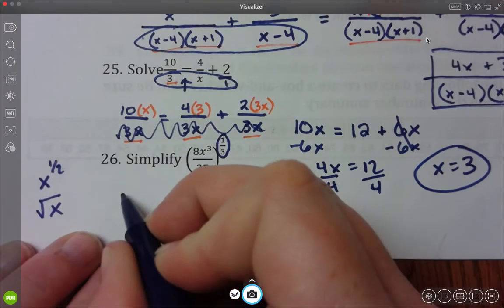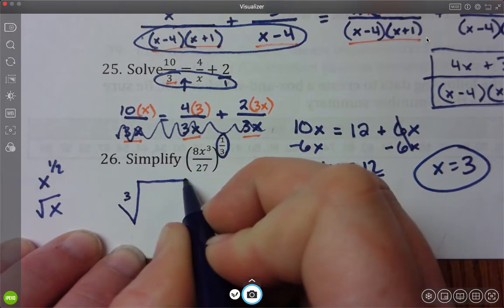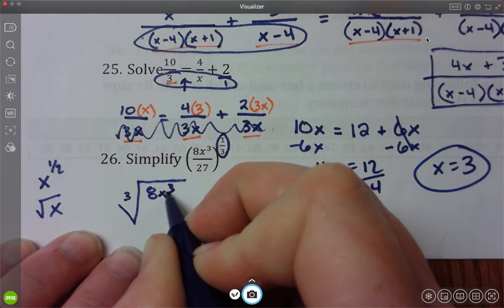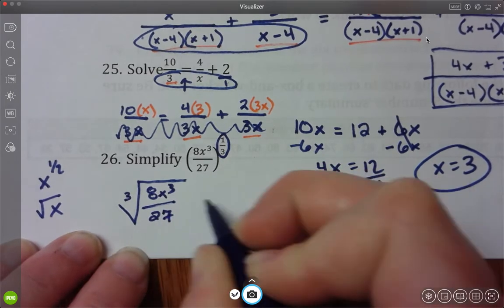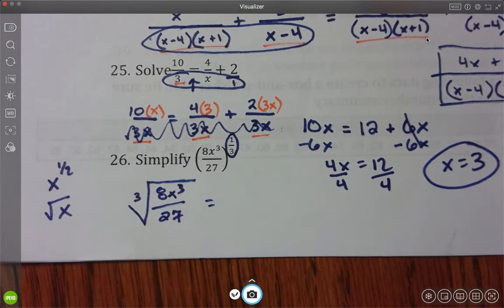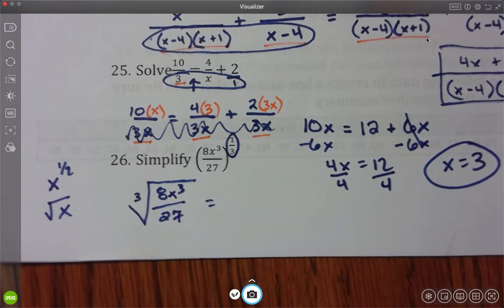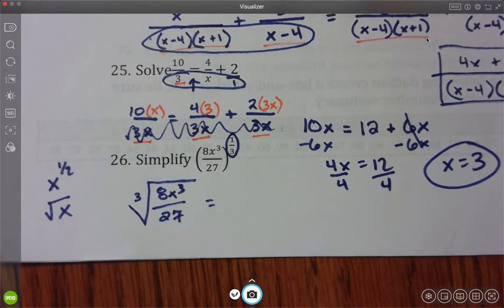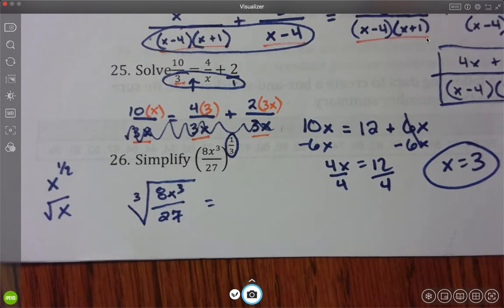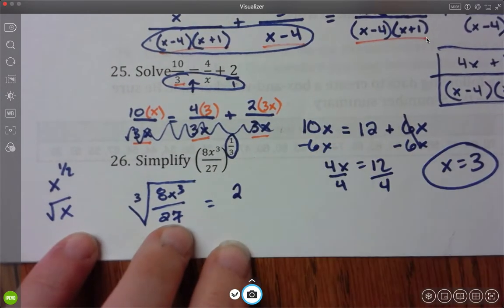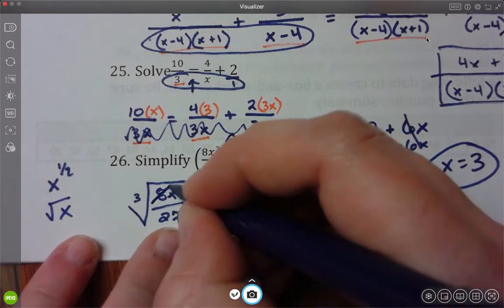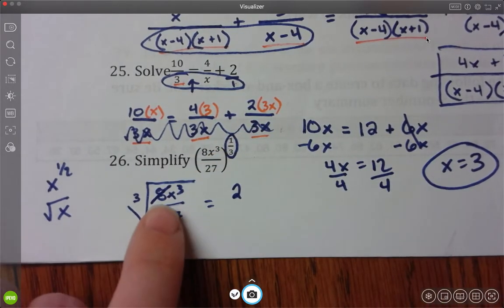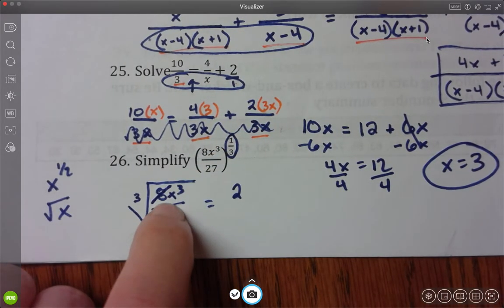So I have the cubic root of 8x to the third over 27, okay? And this is actually a really nice problem because all of these come out really nicely, okay? The cubic root of 8 means what can I take times itself 3 times to get 8? Well, 2 times 2 times 2 will give me 8, so that will get rid of the 8, okay? Now what do I take times itself 3 times to get x to the third?